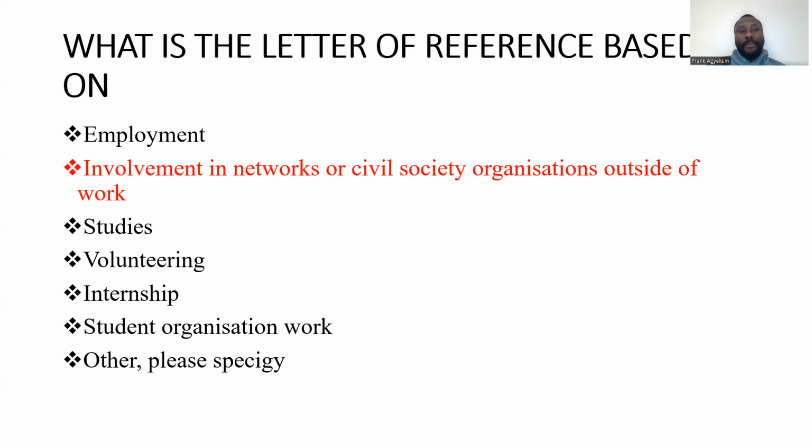That means this reference can come from any community group you join, any association you join, or any civil society organization. Civil society organizations also seek a common goal. They can have a goal like contributing to climate action.